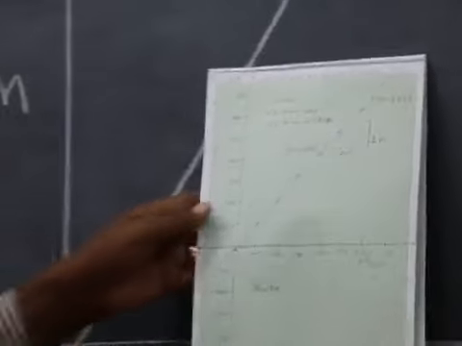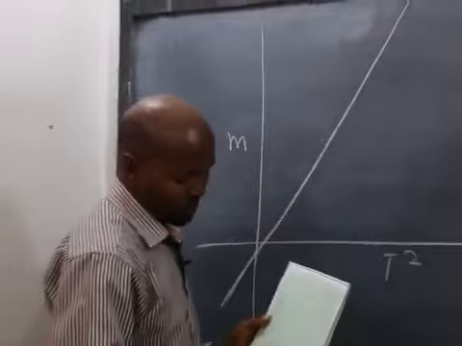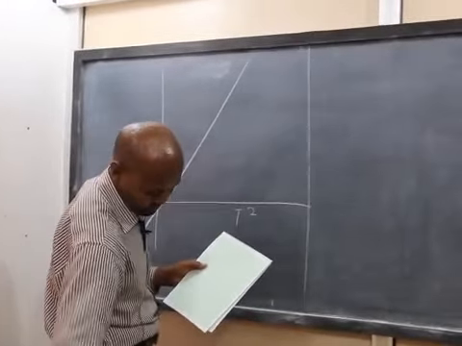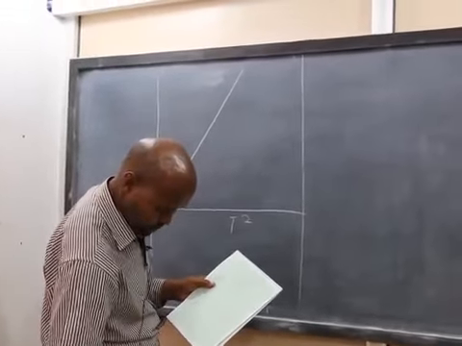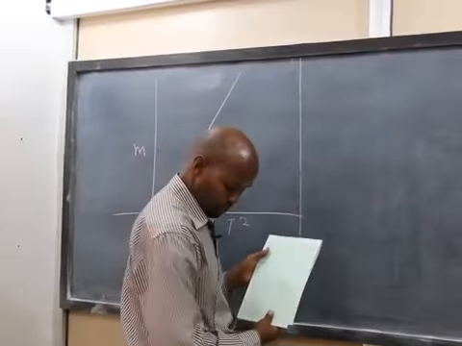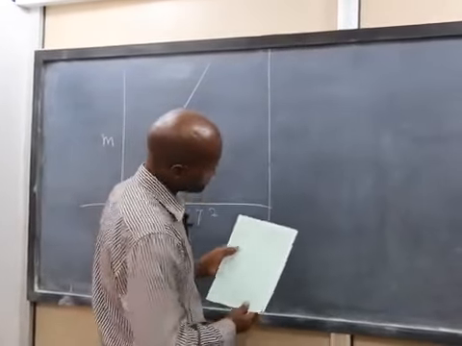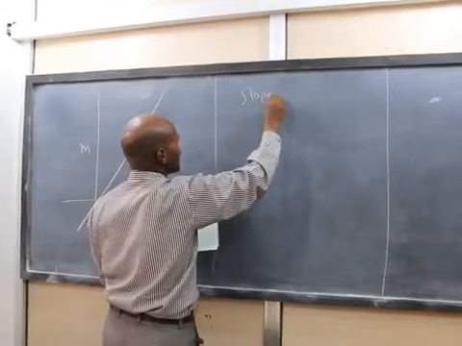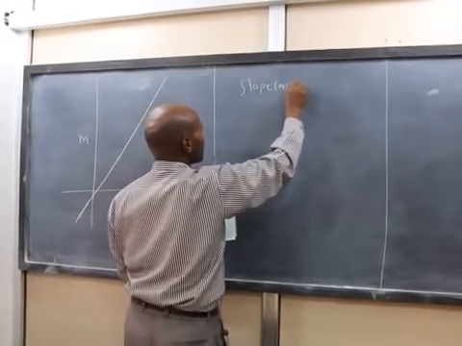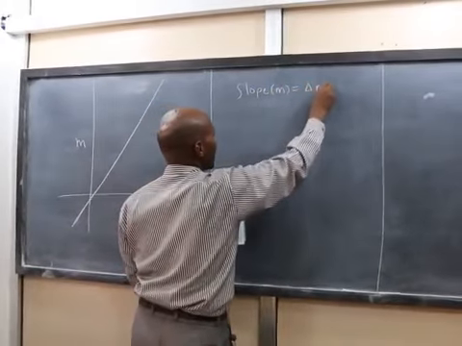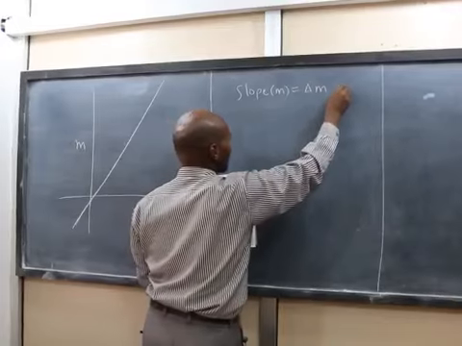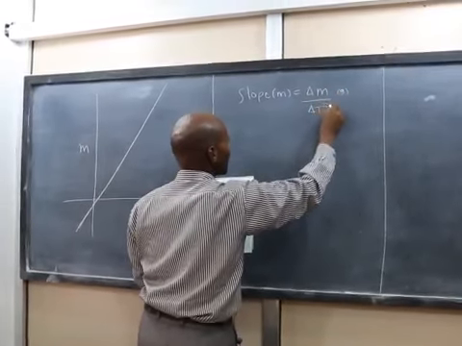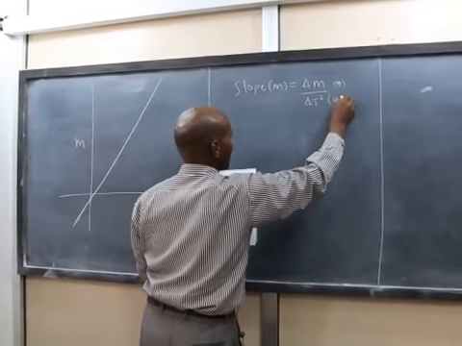Right, now according to the question paper, we are told to find the slope of the graph. Slope m equals change in m, this one in gram, over change in T squared, this one in second squared.